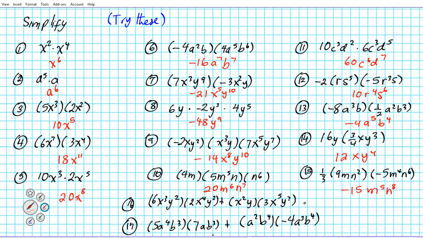And for number 16, the answer is 15 x to the 7th power, y to the 4th power. And the last one, number 17, the answer is 31, a to the 5th power, b to the 8th power.